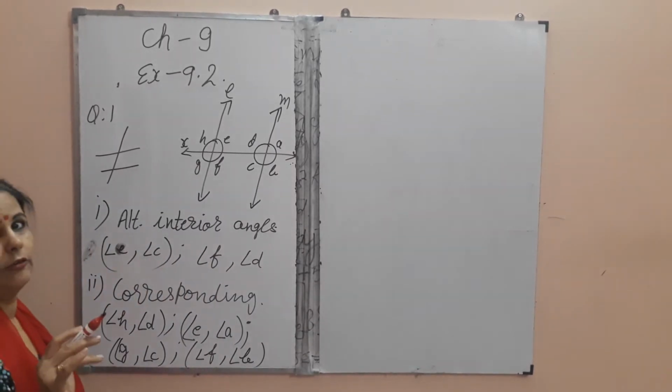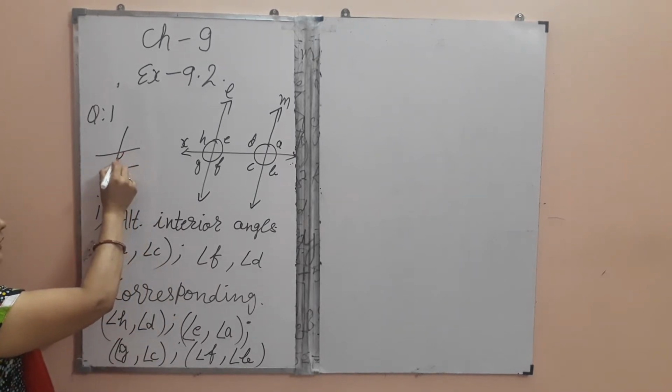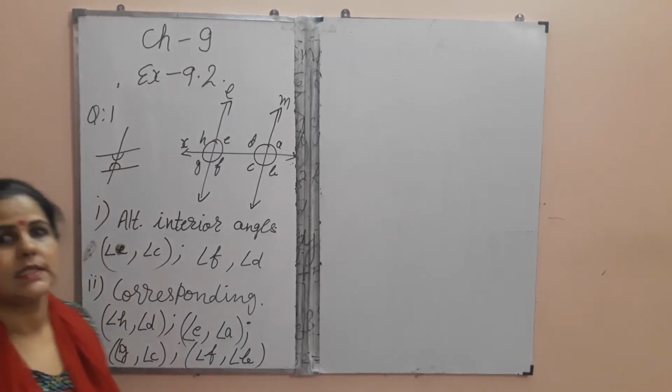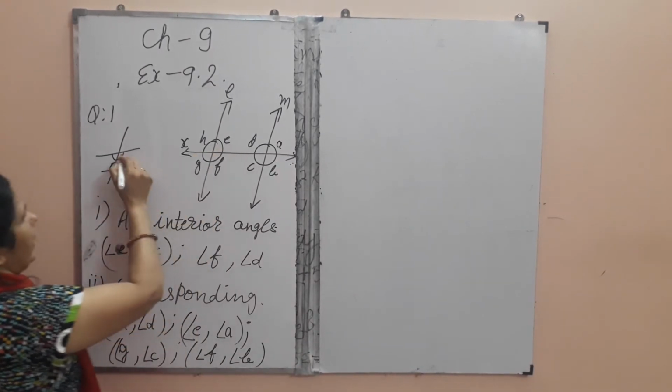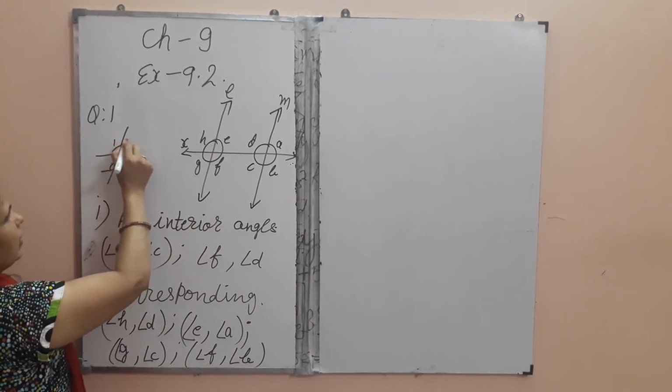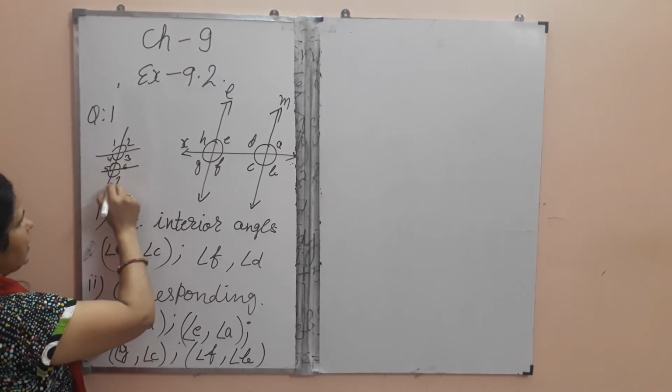Understood? Third is, find the pair of interior angles on the same side of the transversal. One thing I forgot to tell you: the interior angles on the same side of the transversal are always supplementary angles. Suppose we number them 1, 2, 3, 4 and 5, 6, 7, 8.